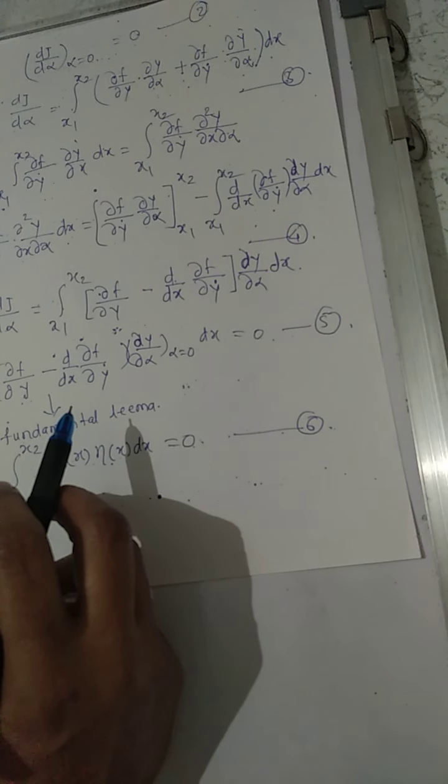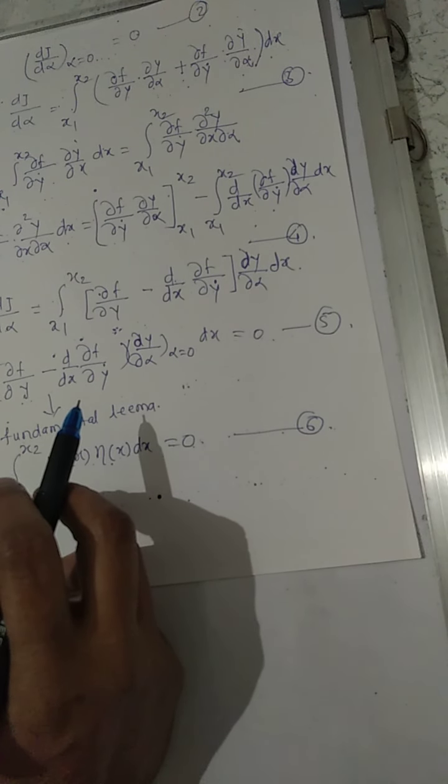While a formal mathematical proof of the lemma can be found in texts on the calculus of variations, the validity of the lemma is easily seen. We can imagine constructing the function η that is positive in the immediate neighborhood of any chosen point in the interval and 0 everywhere else.